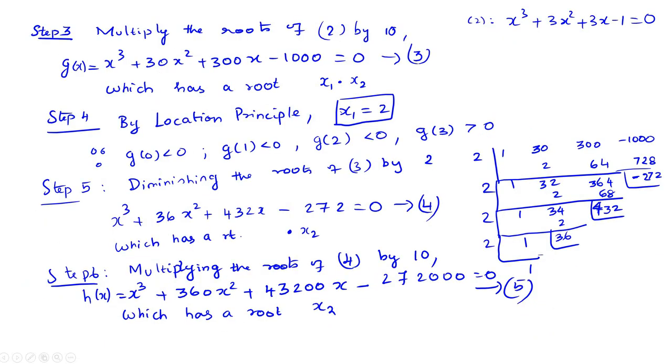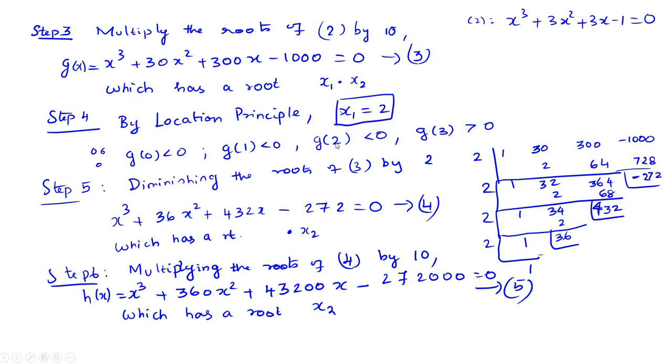Then multiply the roots of this by LDM. So the M part is here. Multiply the roots by 10. This is what you get. And this one will have a root x1 point x2. Now LDM is over. So again location principle. You find g of 0 negative, g of 1 negative, g of 2 negative, g of 3 positive.